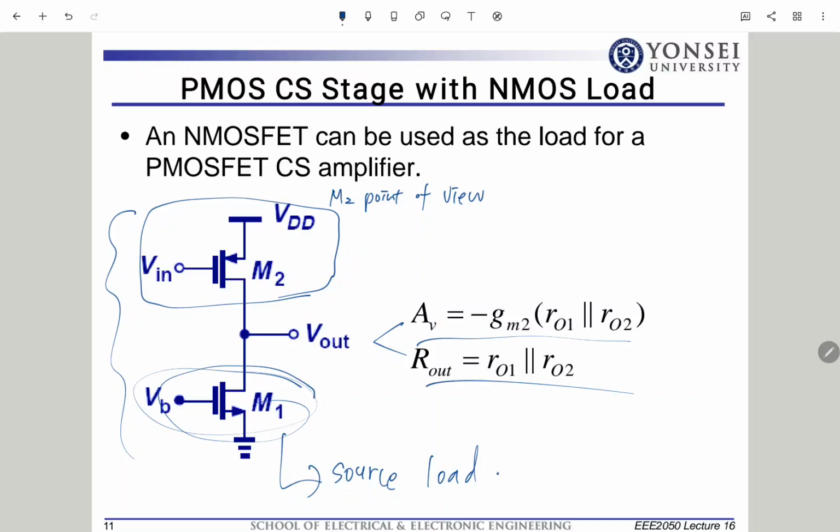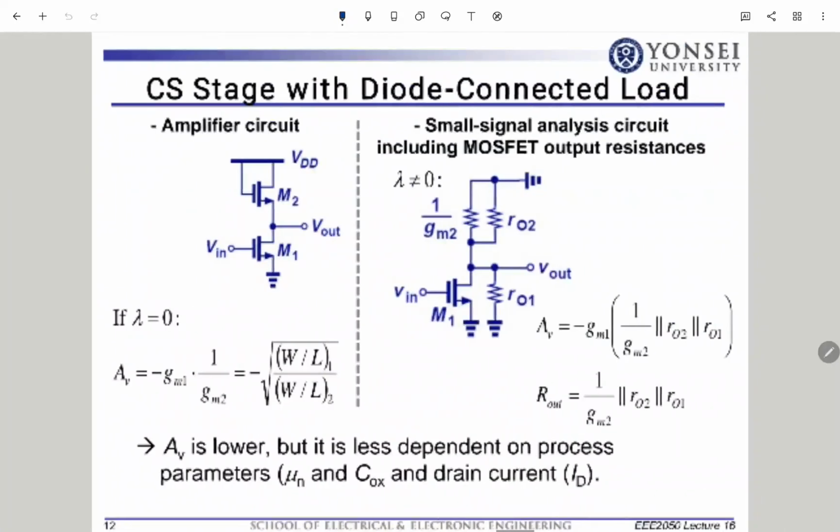Now, let us talk about CS stage with diode connected load. So here, let us take a look at M2 transistor. What can you say about M2 transistor? That's PMOS, right? And gate and the drain side are tied.